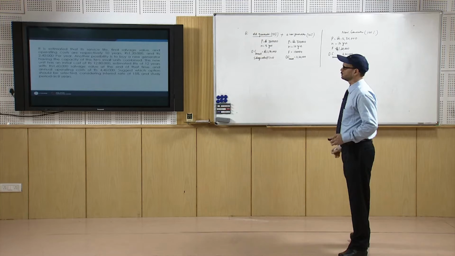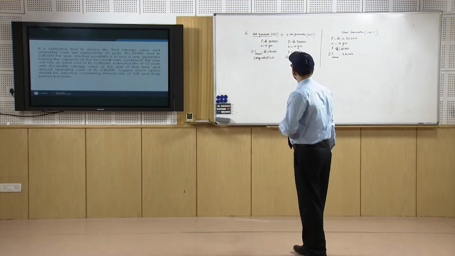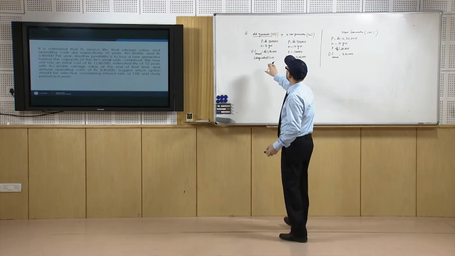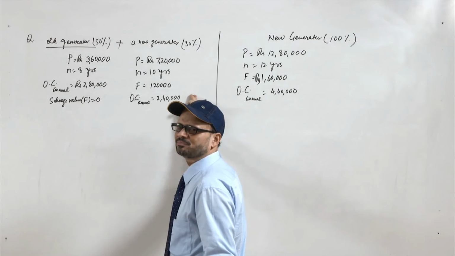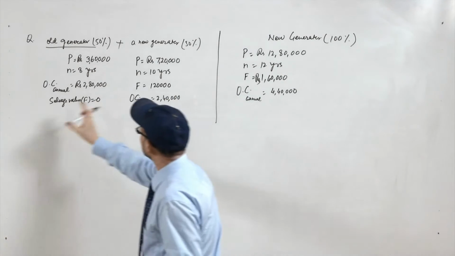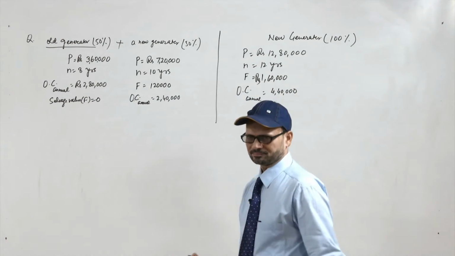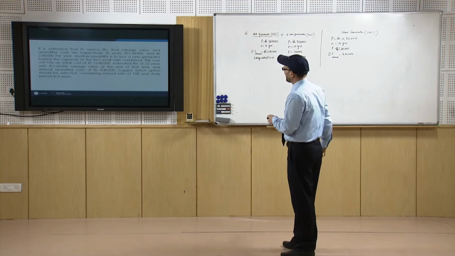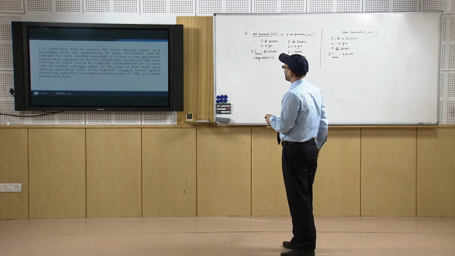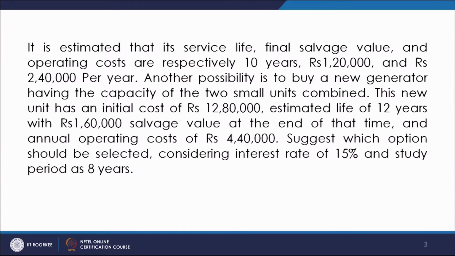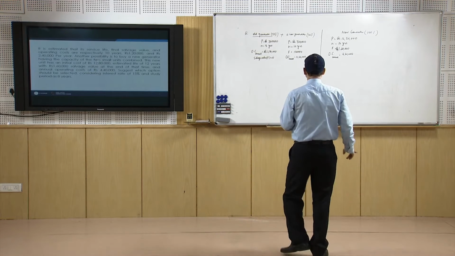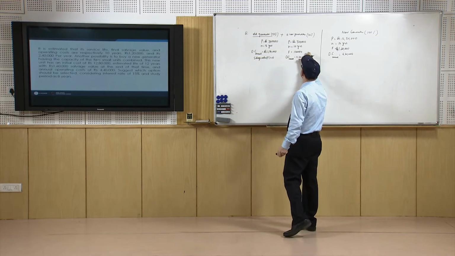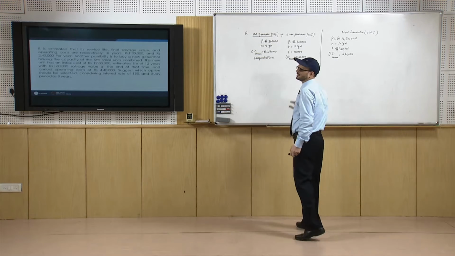Now we have to suggest whether we should keep this generator and have a generator of half the capacity, or replace this and take the new generator. It is suggested that the MARR is 15% and the study period should be taken as 8 years. Taking a study period of 8 years means it is assumed that after 8 years there will be an implied salvage value.